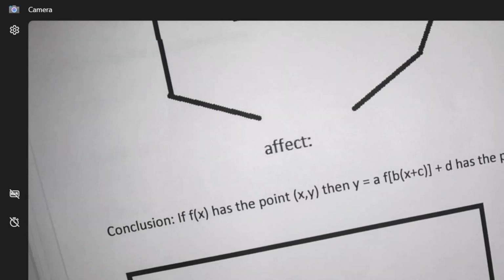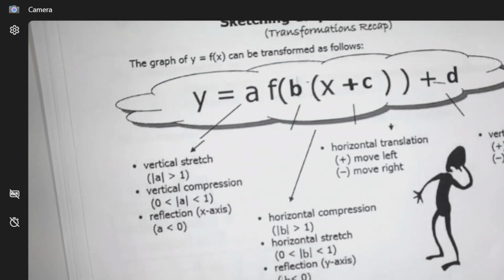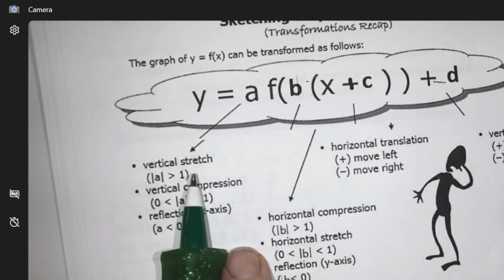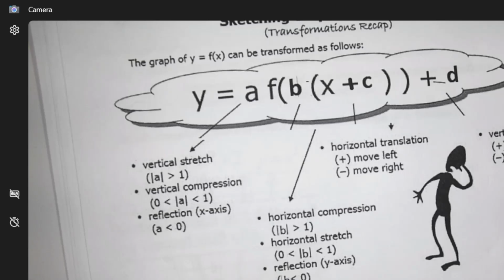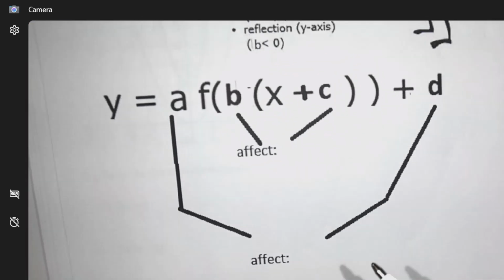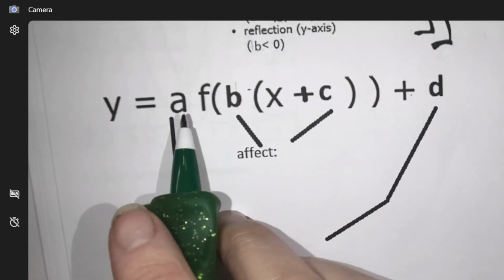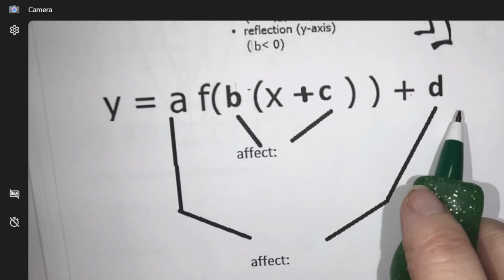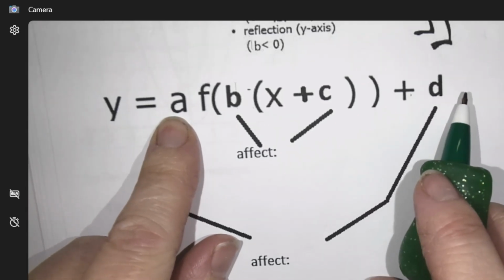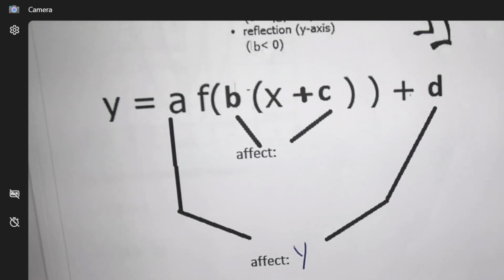All right, so recap of the whole shebang here. Let's go to the middle section. A and D, the multiplier in the front and the adder at the end, affect your y.